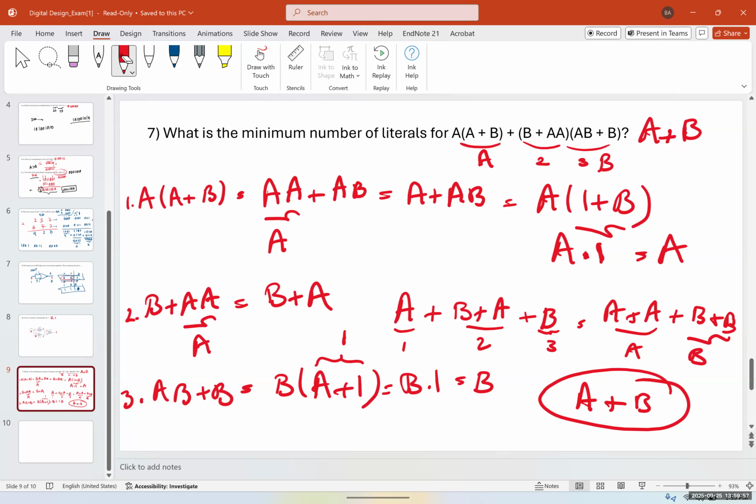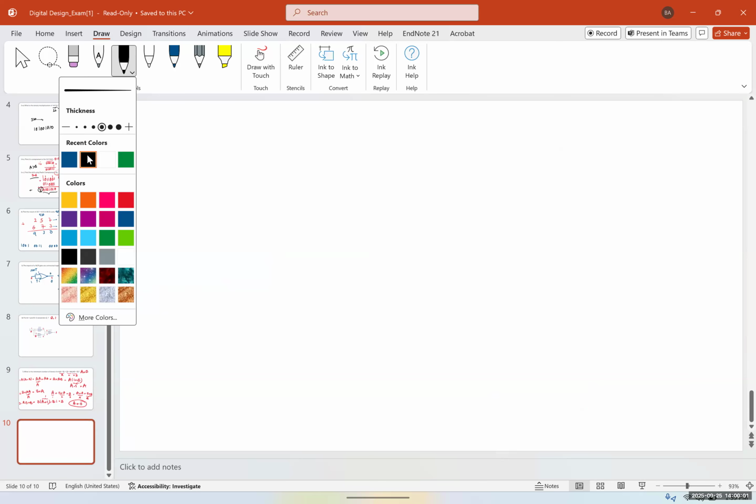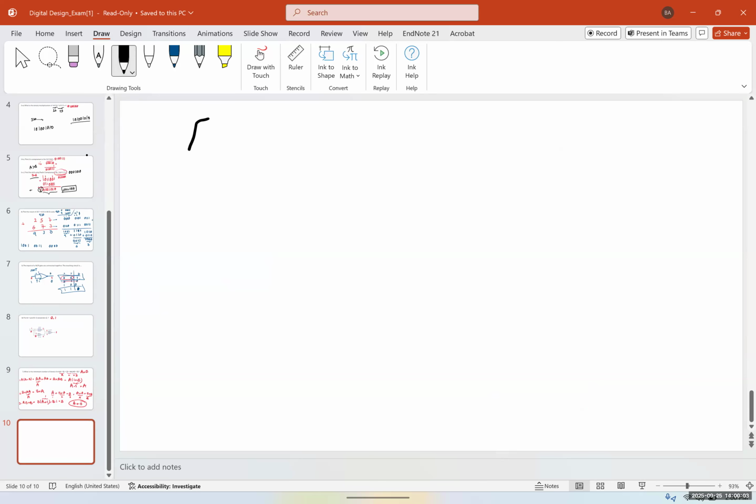Now let's solve another one. I think it's better to solve another one as well. So the Boolean expression function f is equal to AB plus A prime B plus ABC.